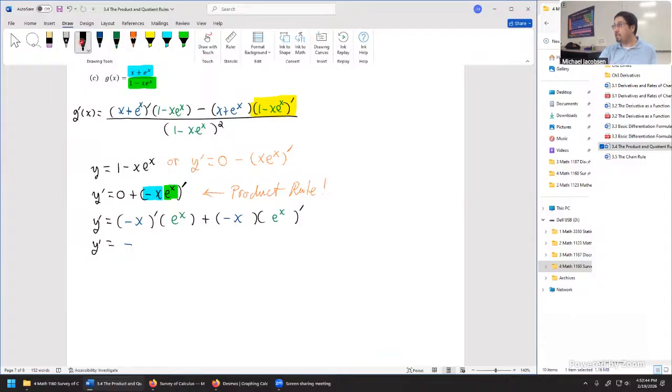It'll be negative of e to the x. If you wrote -1 times e to the x, that's fine too, but it simplifies to just negative e to the x overall. Then plus, here we're copying this one, so plus a minus x. Probably a better way to say that is just going to be minus x. Derivative here of e to the x is just itself. And that's the whole result.